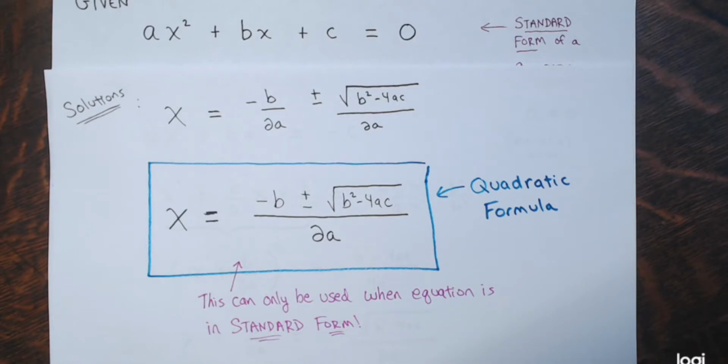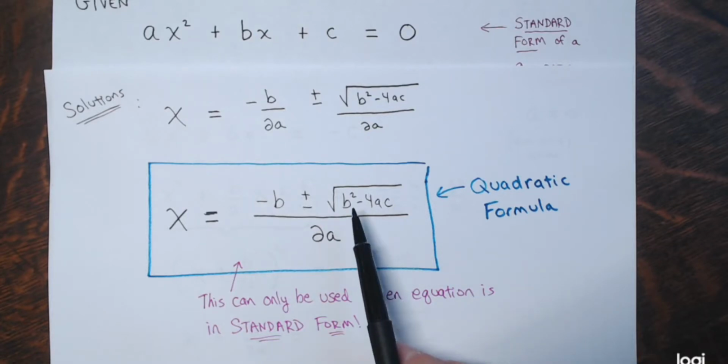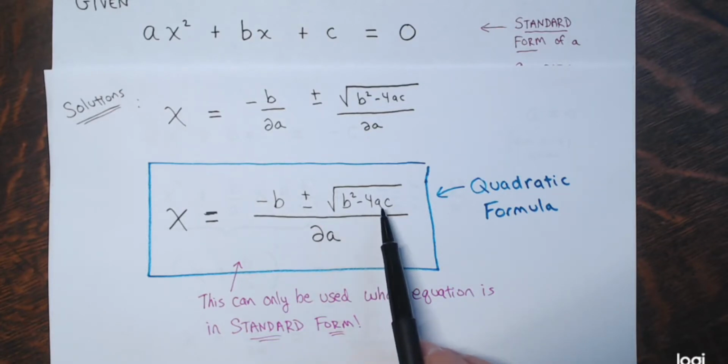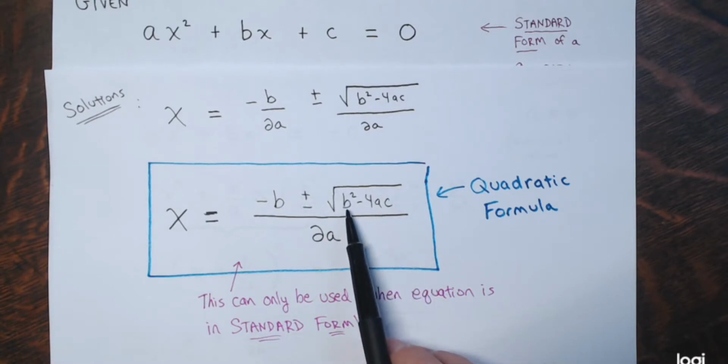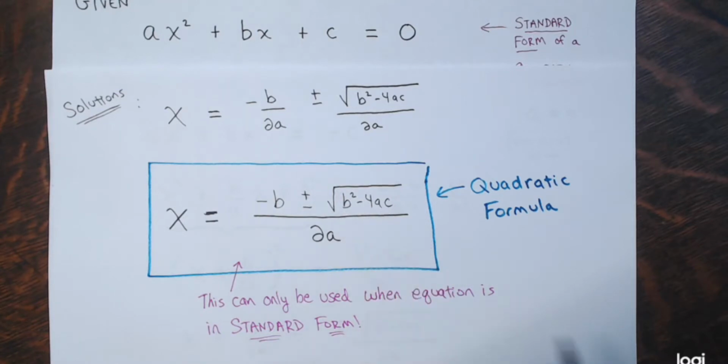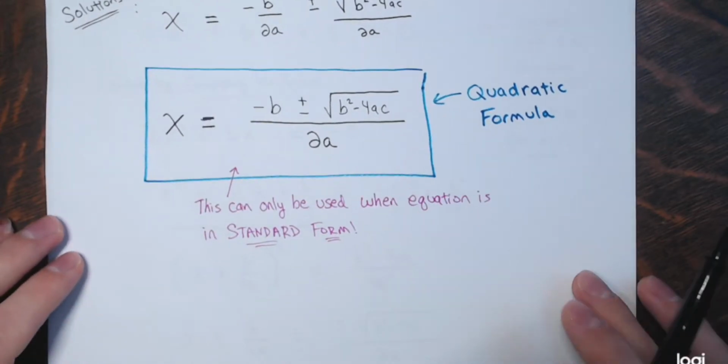Now, the question I'm currently on in the assignment talks about something called the discriminant of a quadratic equation. All right. The discriminant is this expression inside the radical symbol of the quadratic formula. This is b squared minus 4ac. All right.